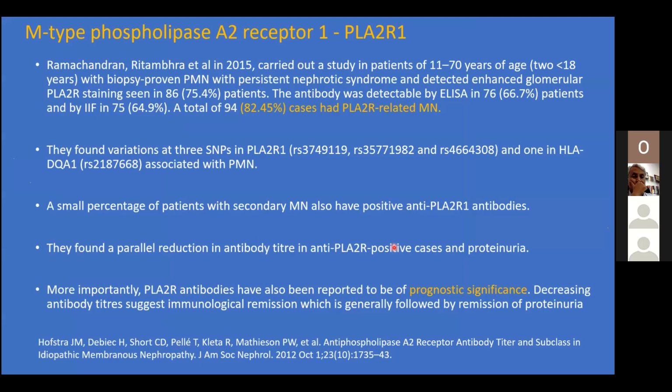In this study they also found variations at 3 single nucleotide polymorphisms and 1 in HLA-DQA1. A small percentage of patients with secondary MN also have positive anti-PLA2R antibodies. They found a parallel reduction in antibody titer in anti-PLA2R positive cases and proteinuria. These PLA2R antibodies have also been reported to be of prognostic significance. Decreasing antibody titers suggest immunological remission, which is generally followed by remission of proteinuria, as I already highlighted.